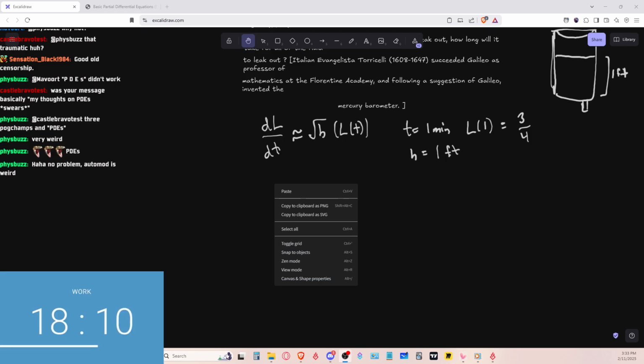Automod don't want me to talk about partial differential equations. Sorry about that, Fizzbuzz. But what's the best part of your day so far, Fizzbuzz? Yeah, I don't know why it did that.